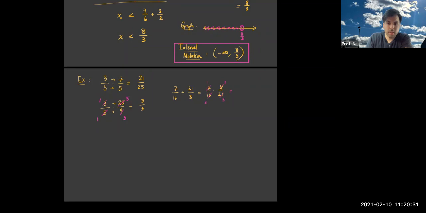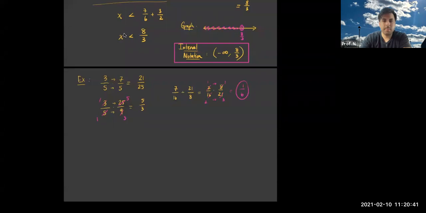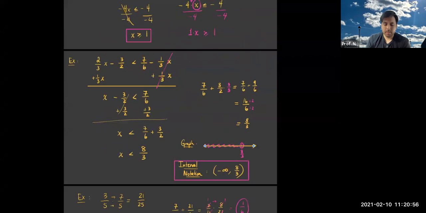So then I still have to multiply the numbers across. 1 times 1 is 1. 2 times 3 is 6. So the answer would be 1/6. Okay? Does that make sense? Like we talked about this in the previous lectures. All right. So we're good with solving inequalities.